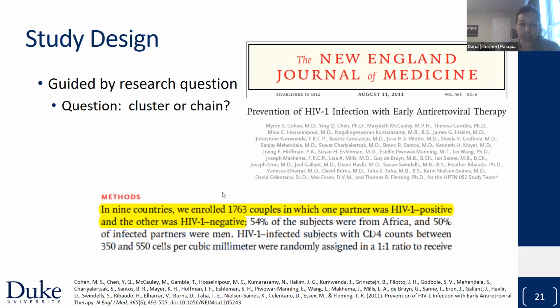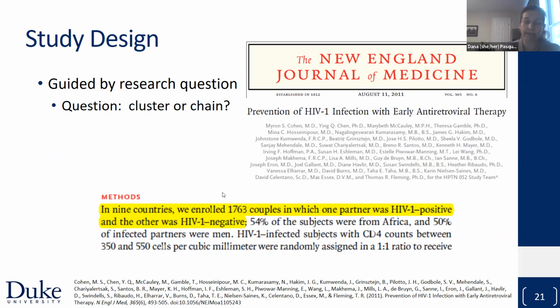So looking at the research question, the pathogen, the population, and the ability to observe will dictate whether transmission clusters, which are 2 or more people with like infection, or a specific transmission chain can be reconstructed. In this study, which was a really important paper in the field of HIV, the investigators followed almost 1,800 couples where one person had HIV and one person didn't.